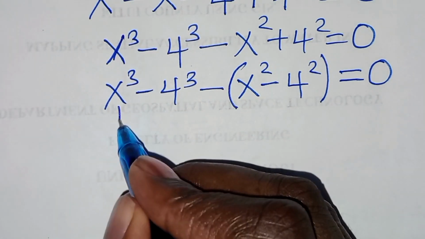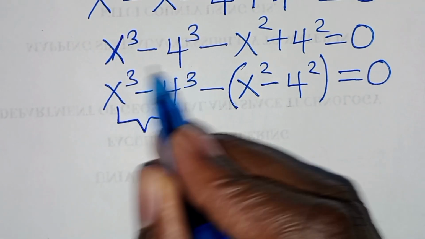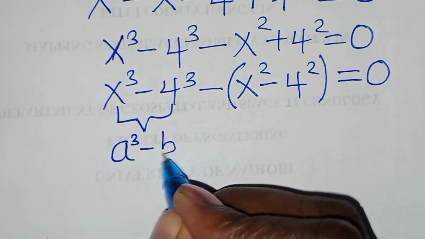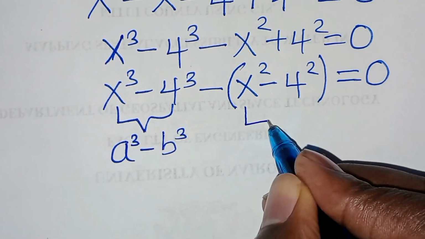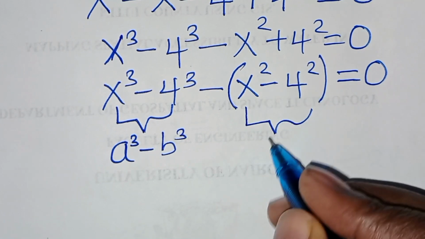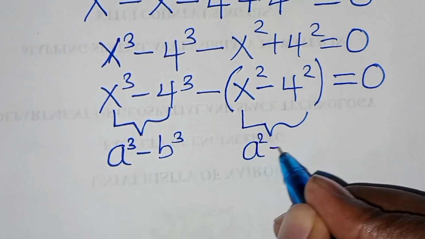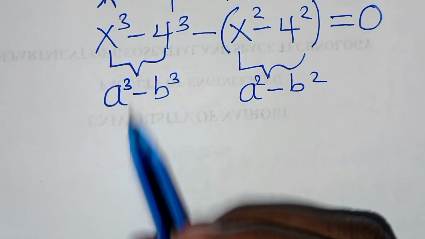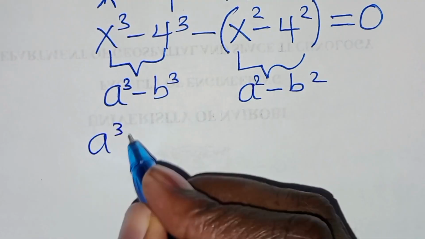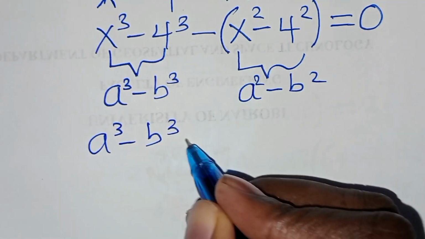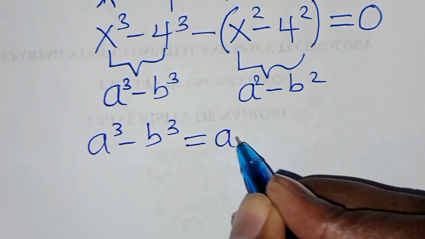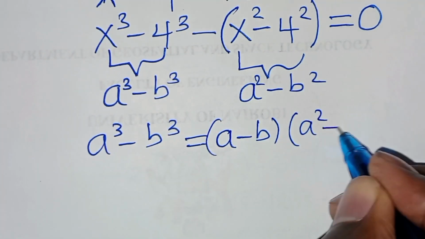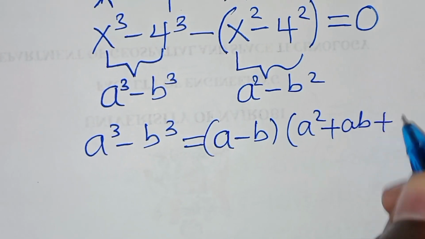So we have two parts here. The first part is the difference of two cubes expressed as a to power 3 minus b to power 3. And the second part here is the difference of two squares expressed as a squared minus b squared. From the first part, a to power 3 minus b to power 3 can be expressed as a minus b, a squared plus a times b, then plus b squared.